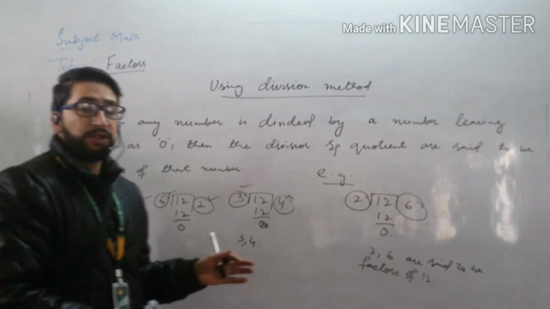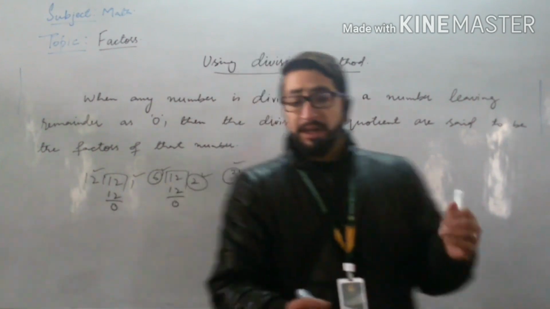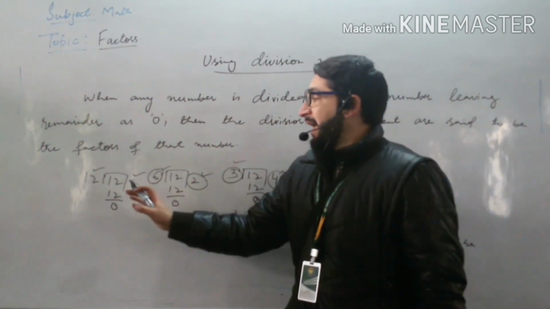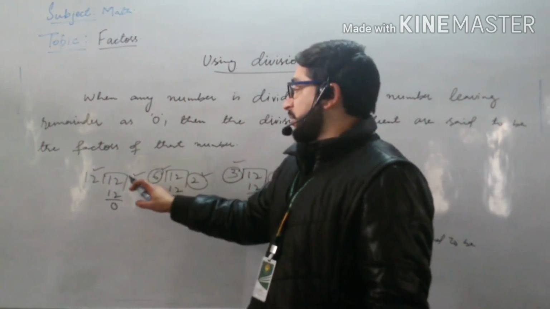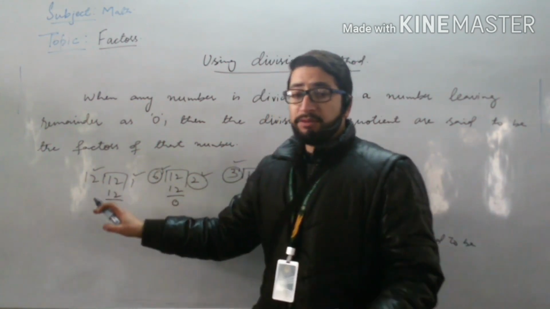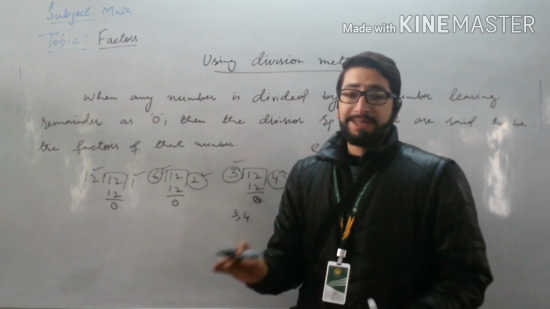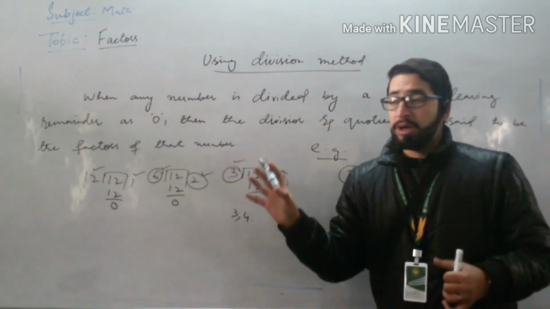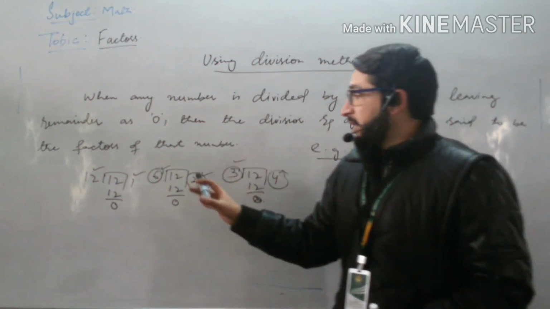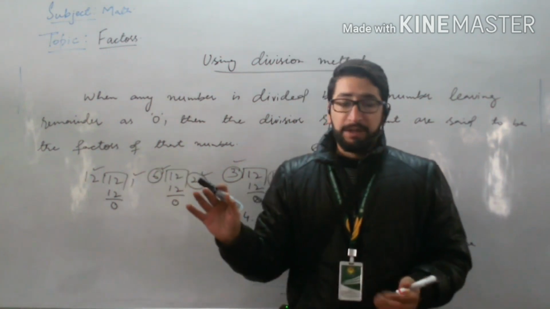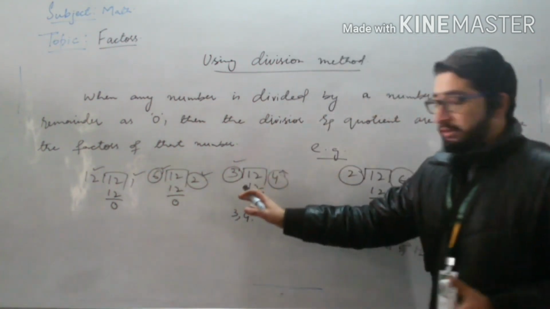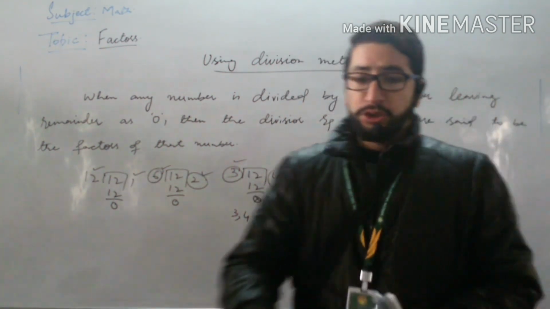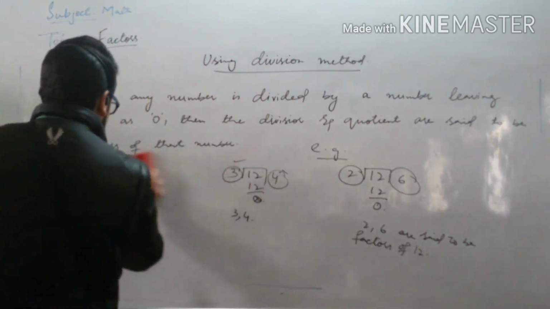But here we have to find that number as quotient which leaves the remainder at last as 0. So this was about the division method to find factors of a number. Now I am going to erase this again.